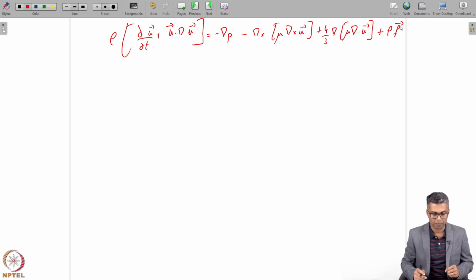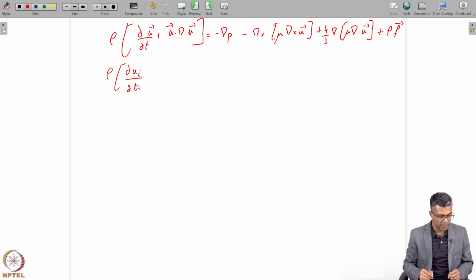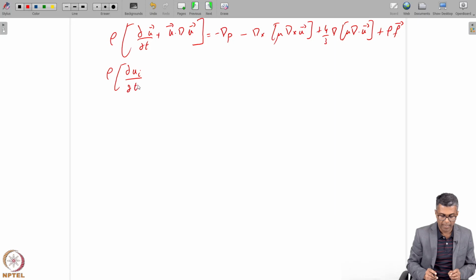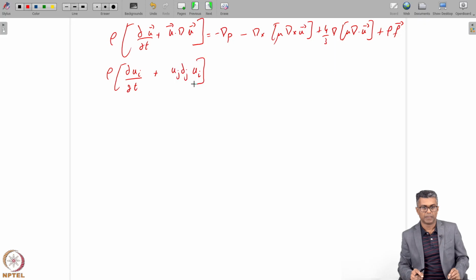Okay, how do we do it? So let's use the index i to represent the fact that this entire equation is for the i direction. Okay, so then I will have rho del ui del t, and then here I'll have u, but here I can use uj del j ui.